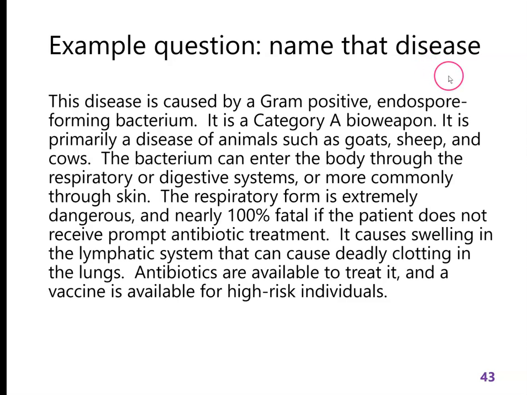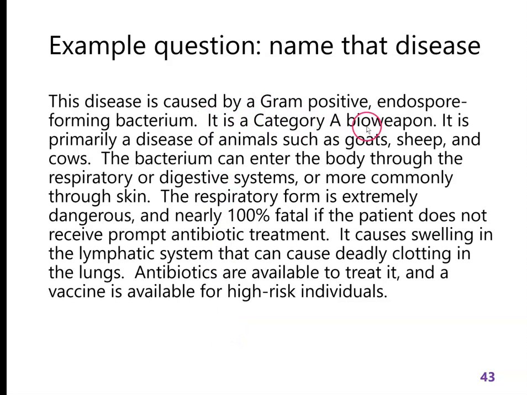But this is anthrax. And so what do we see in this question? Well, first, the causative agent, and then this is a very important fact about it. A lot of risk factors, and then the patient experience, and then treatment and prevention. So all those things.